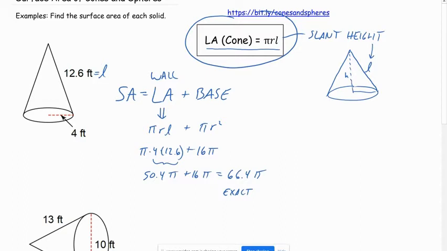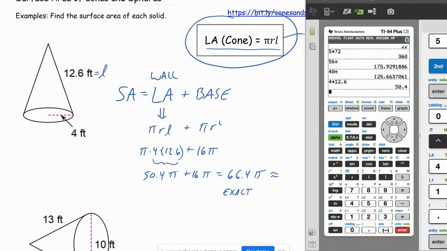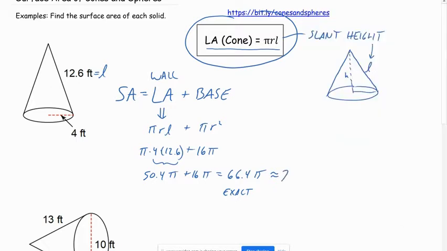That is the exact answer we got, multiplied by pi. Then we can also approximate that. If we do 66.4 times pi, that is about 208.60, and that is in square feet because it's an area.